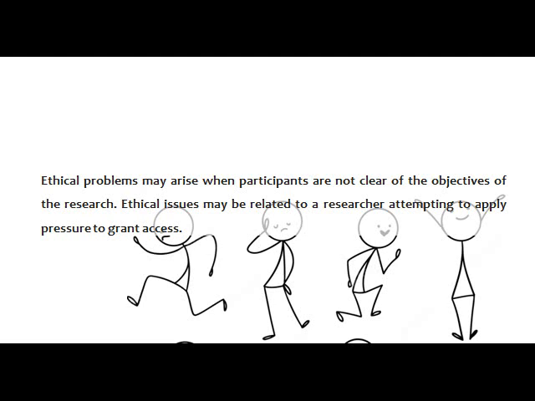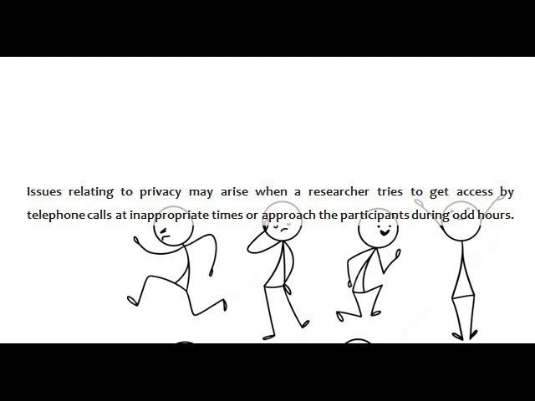Ethical issues may be related to a researcher attempting to apply pressure to grant access. Issues relating to privacy may arise when a researcher tries to get access by telephone calls at inappropriate times, or approach the participants during odd hours.